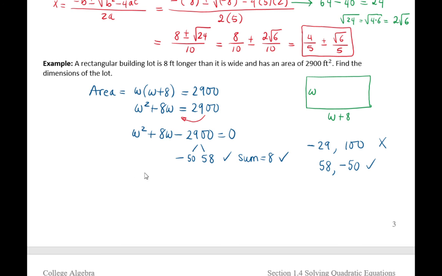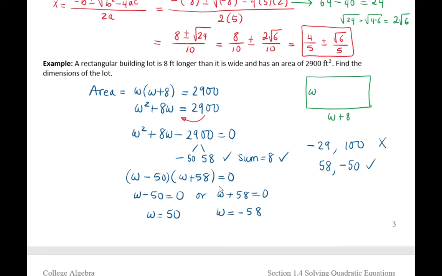And from here now we have W minus 50 times W plus 58 equals 0. From here, W minus 50 equals 0, so W needs to be 50. Or from this side, W plus 58 equals 0, in other words, W equals negative 58.